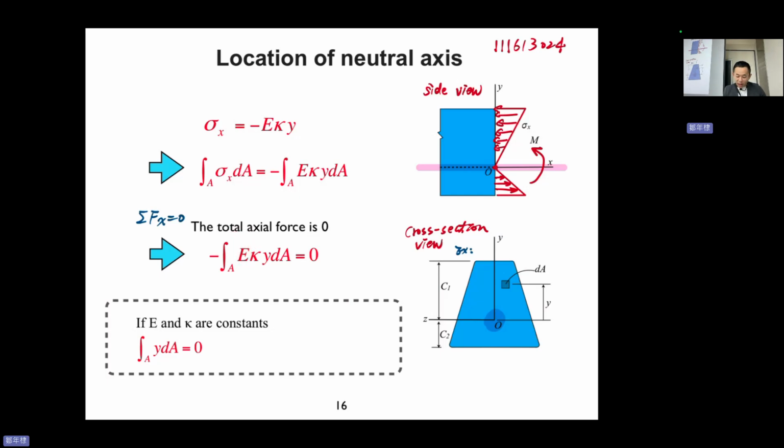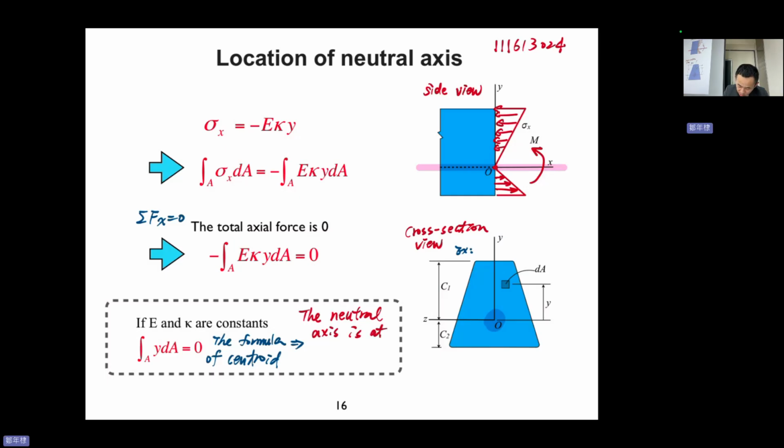All you are left with is the integral of y dA over A equal to 0. What does that mean? This is the formula of centroid. You recognize this, right?